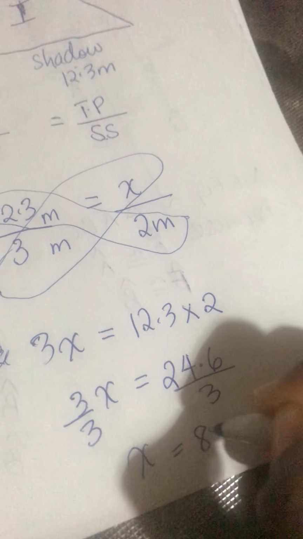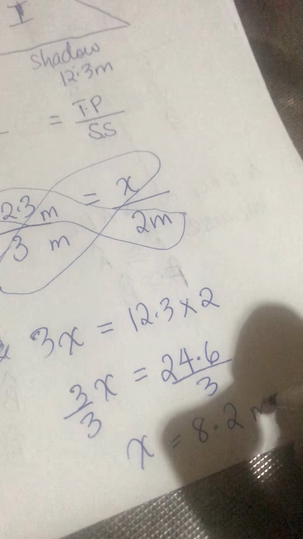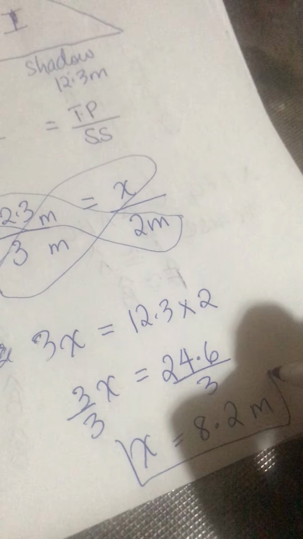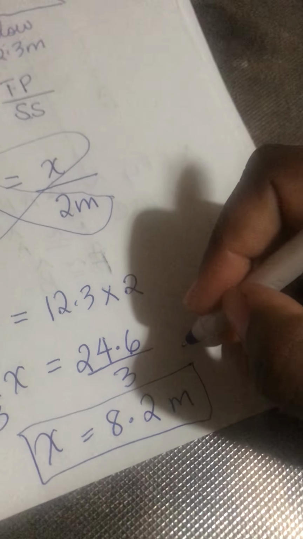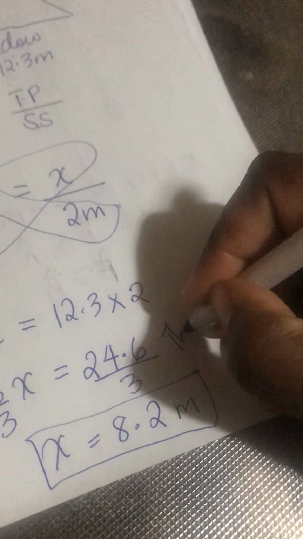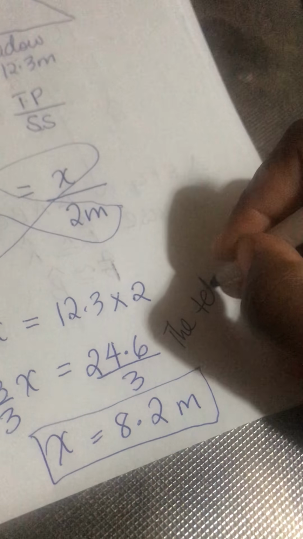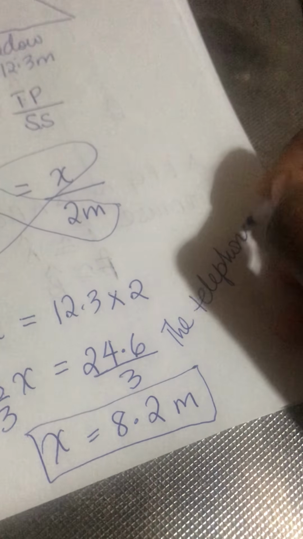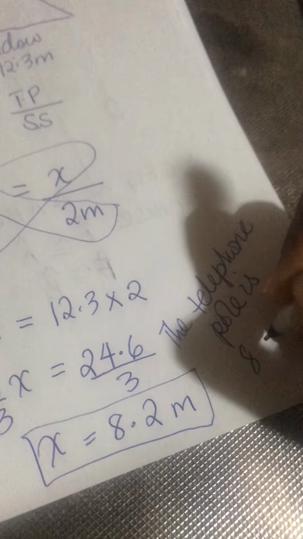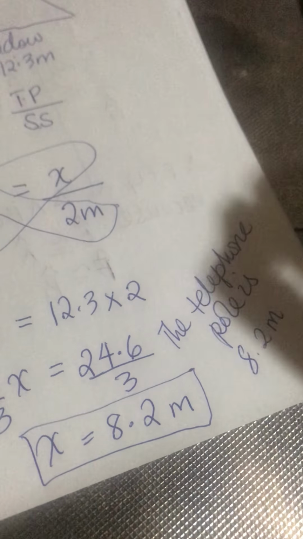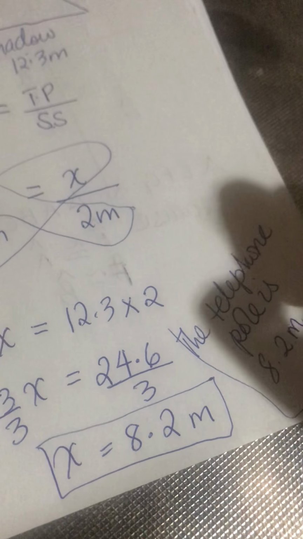X is 8.2 meters. And this is my answer. And I write my sentence. The telephone pole is 8 2/10 meters. Because the question was a word problem. Okay. All right.